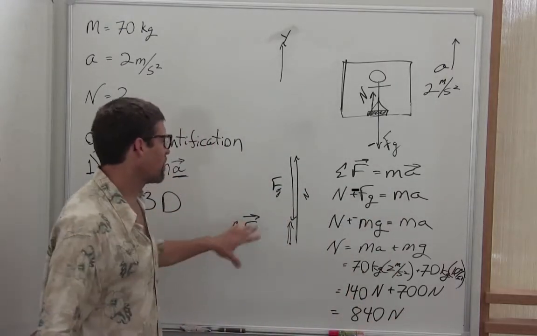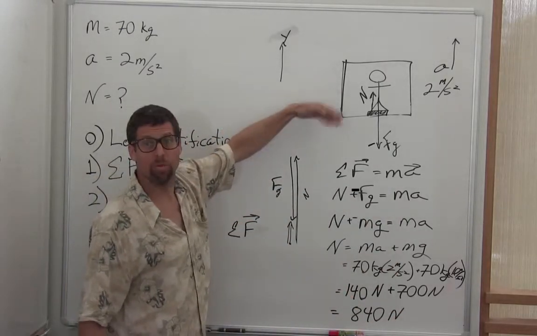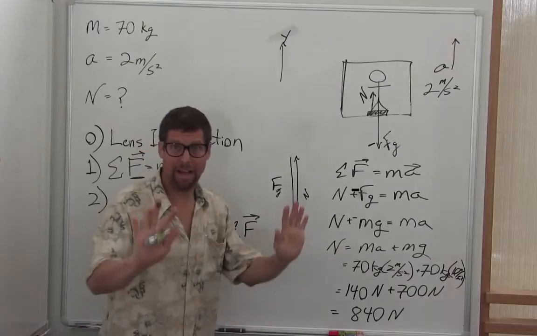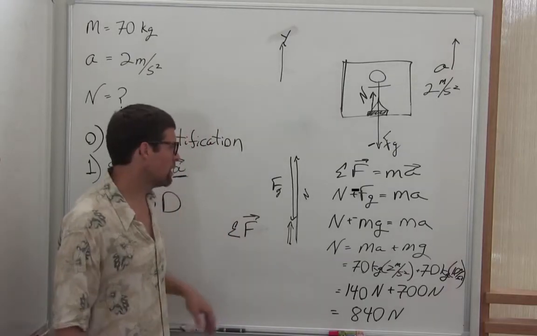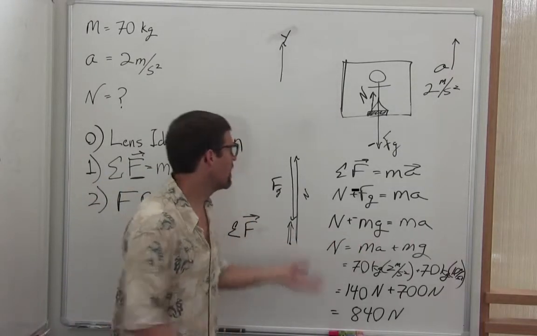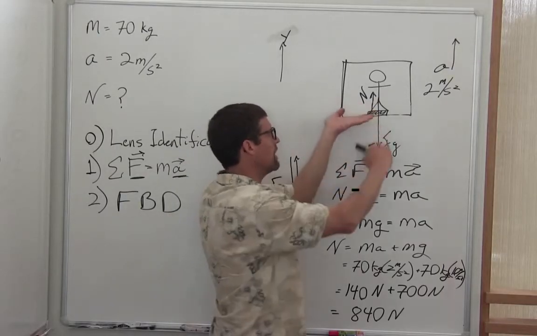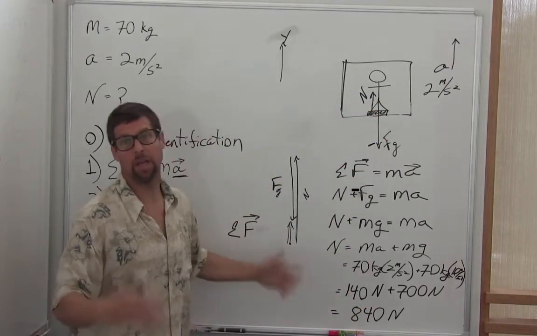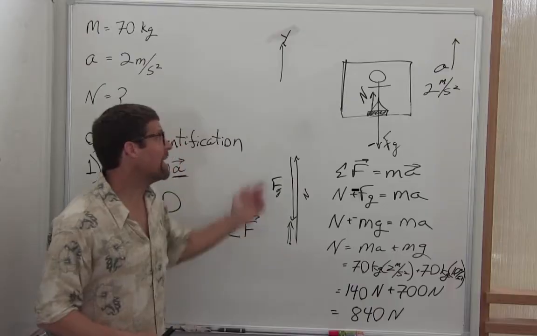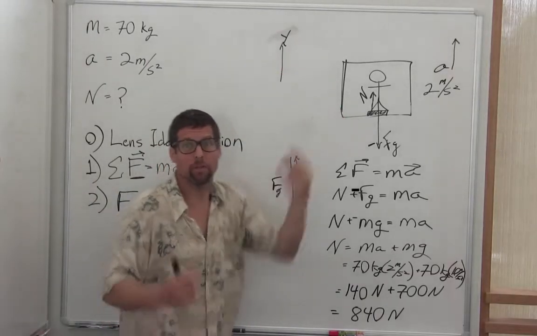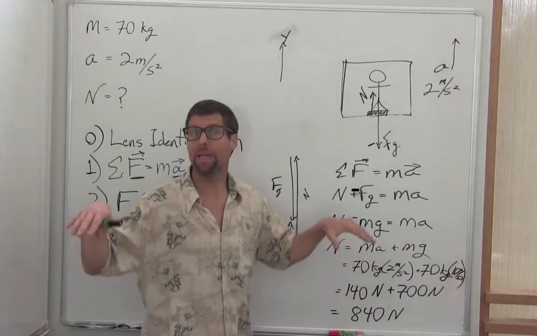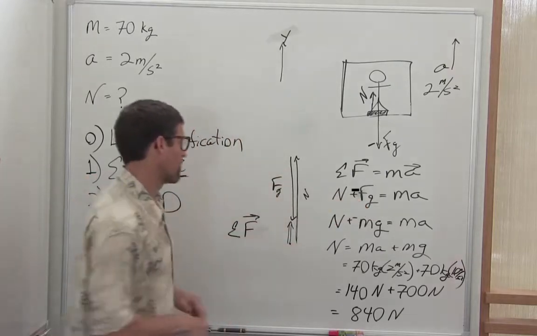Now we might reflect, if I was in equilibrium, if this was moving up or down at a constant velocity or at rest, then the acceleration would be 0, and yes, the normal force would be equal to the force of gravity in the opposite direction. And if it were accelerating downward, like for instance, the elevator is moving up but slowing down, there'd be a downward acceleration.